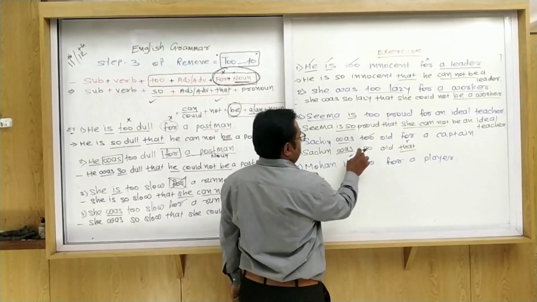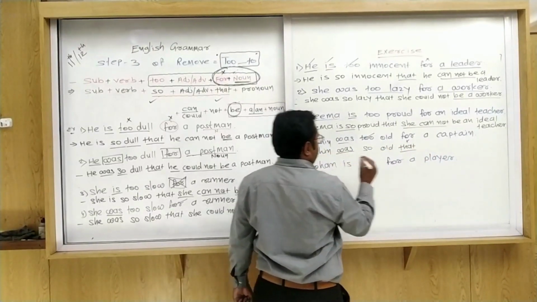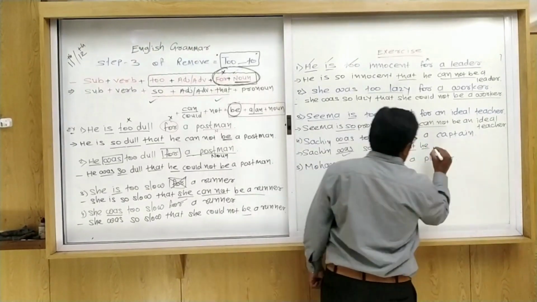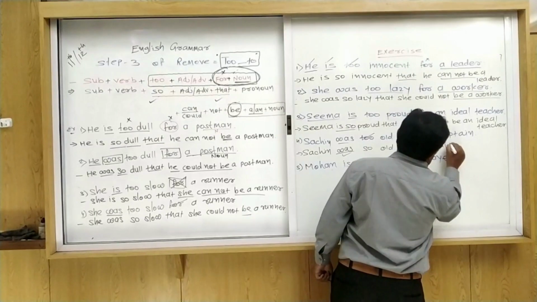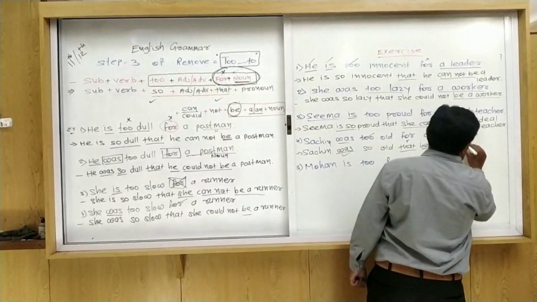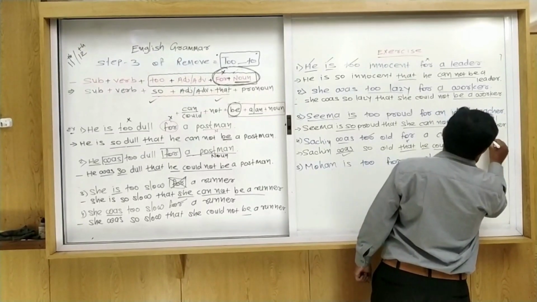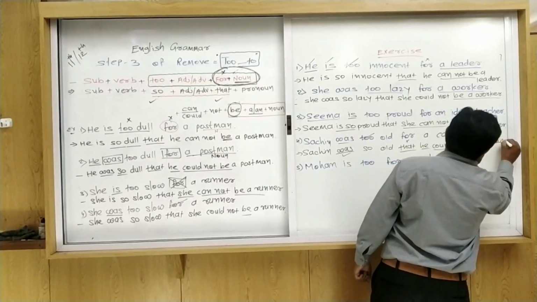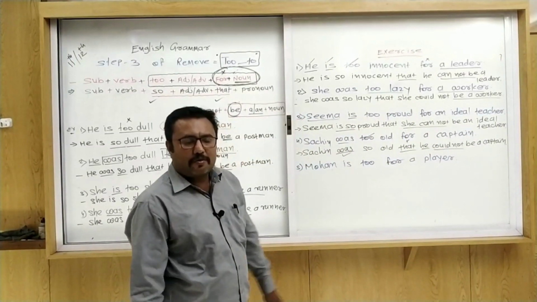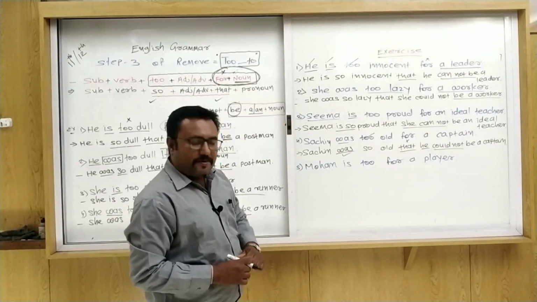So Sachin was so old that, which pronoun? He. Past tense, so could not, be a captain. Okay, Sachin was so old that he could not be a captain.